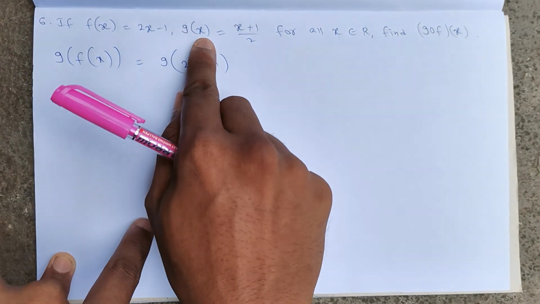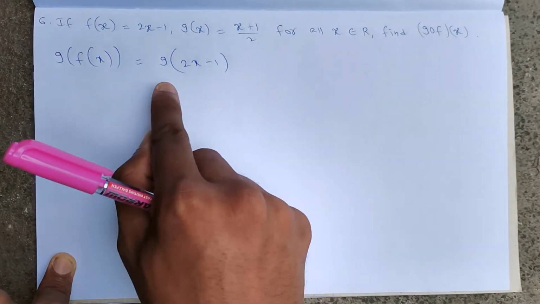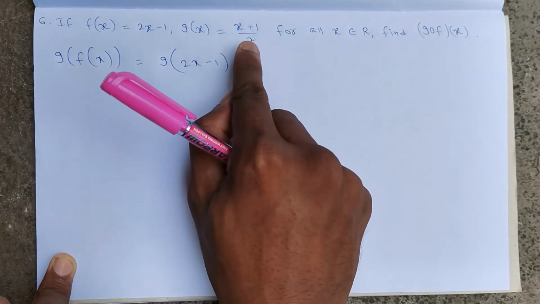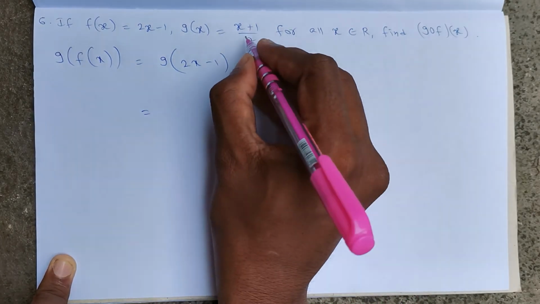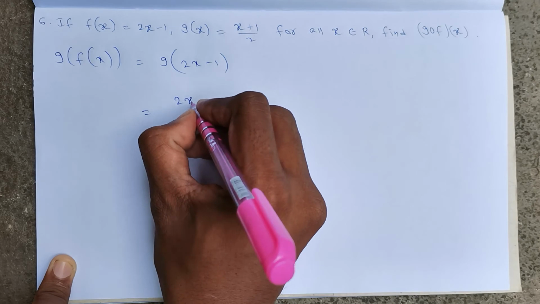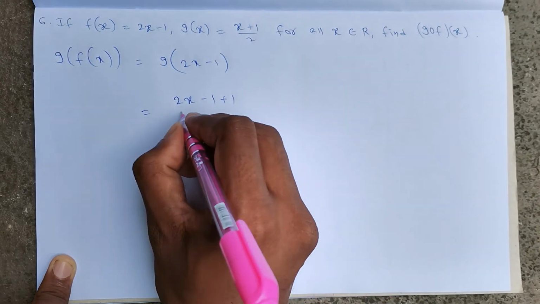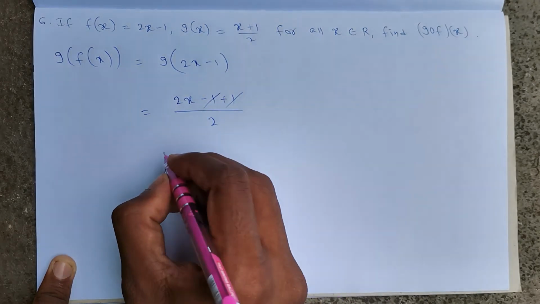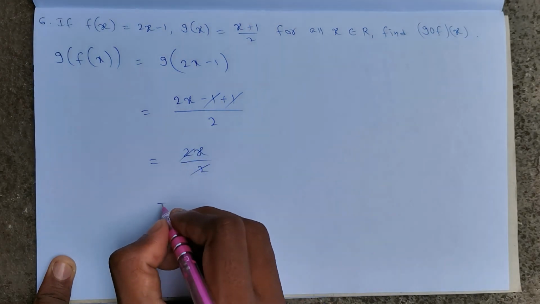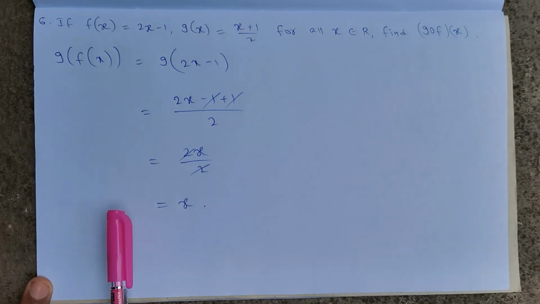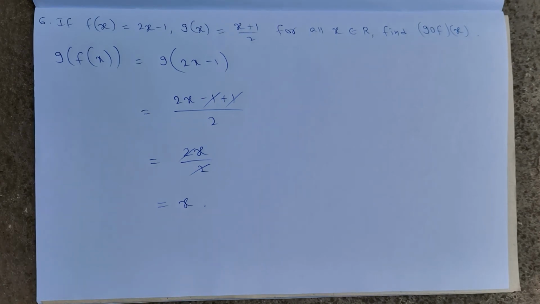So here g of x is equals to x plus 1 by 2, then we want the value of g of 2x minus 1. Simply in the place of x we need to substitute 2x minus 1, so which is equals to 2x minus 1 plus 1, whole divided by 2. Minus 1 plus 1 both will get cancelled, so we remain with 2x divided by 2. 2 cancel, so we get x. Then the value of g of f of x is nothing but x.